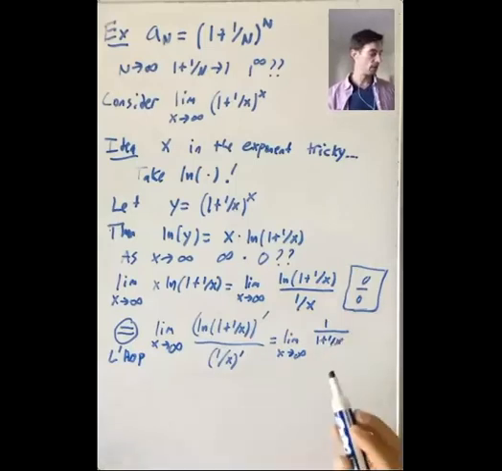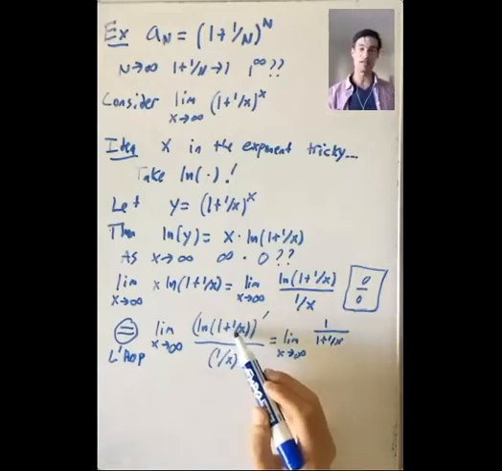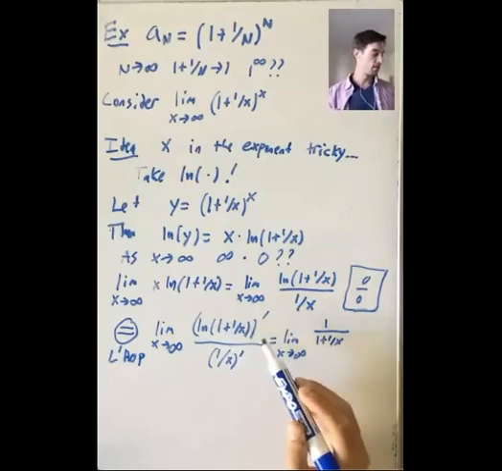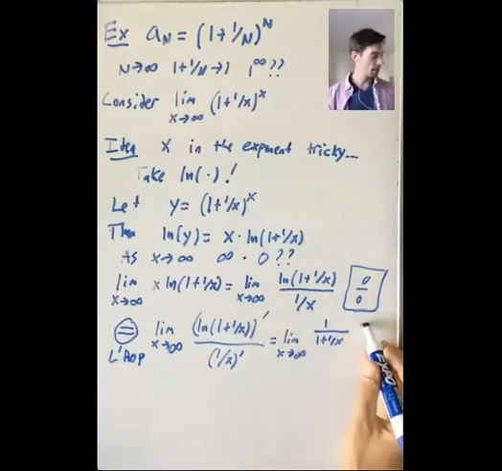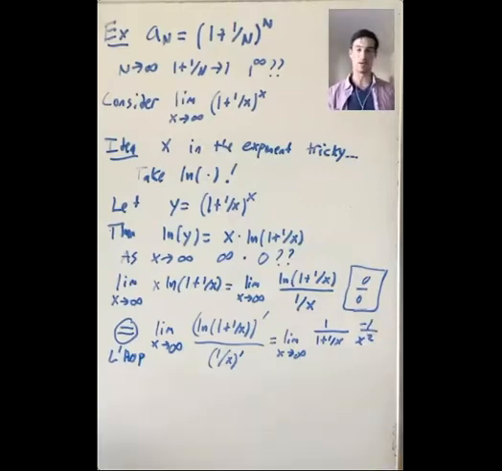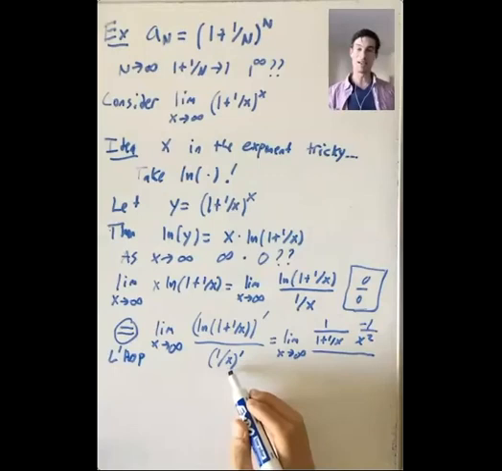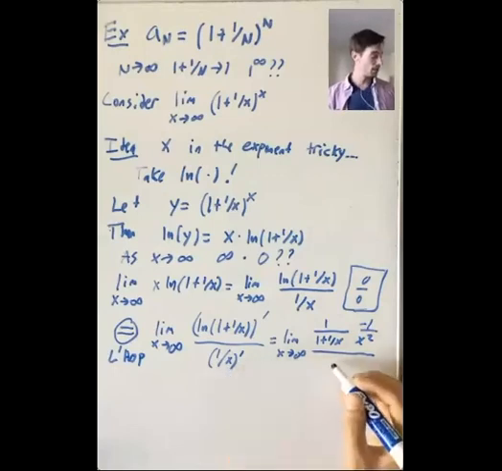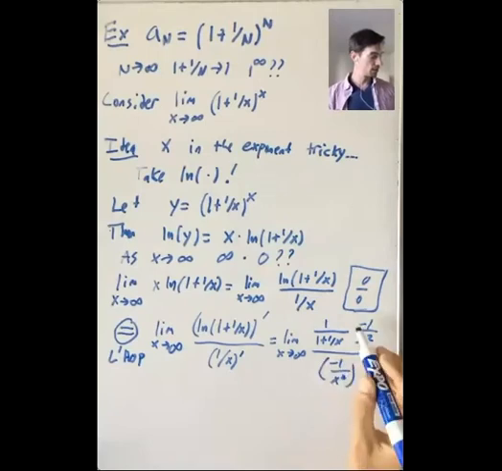But then we have to apply the chain rule. We need a derivative of the inside. This is x to the minus 1. So we get minus 1 times x to the minus 2. We get a minus 1 over x squared. And in the denominator, we just have the derivative of x to the minus 1, which is minus 1 over x squared. So these terms cancel.